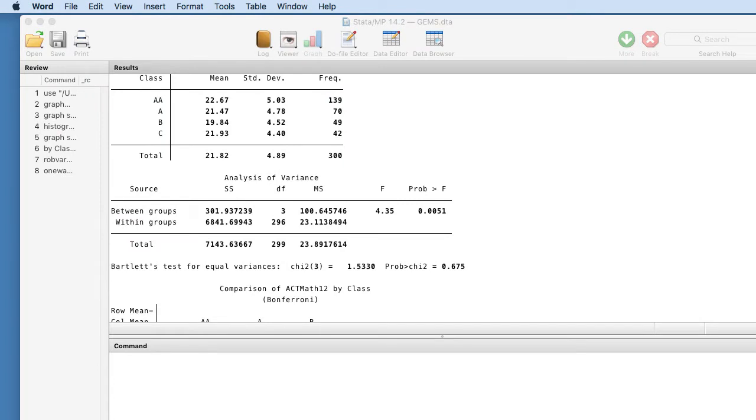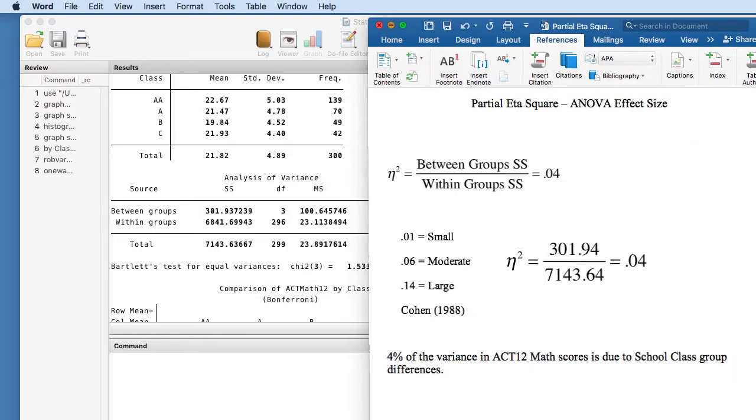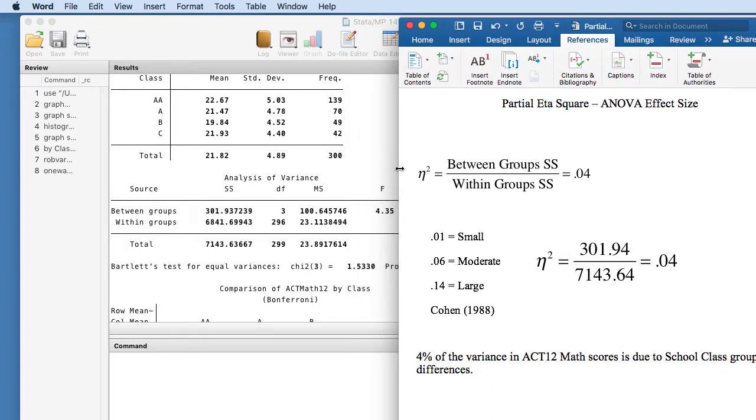Another important result to interpret for the ANOVA analysis is the effect size. And for this particular analysis in Stata, the effect size is not calculated for us, but we can very easily calculate it.